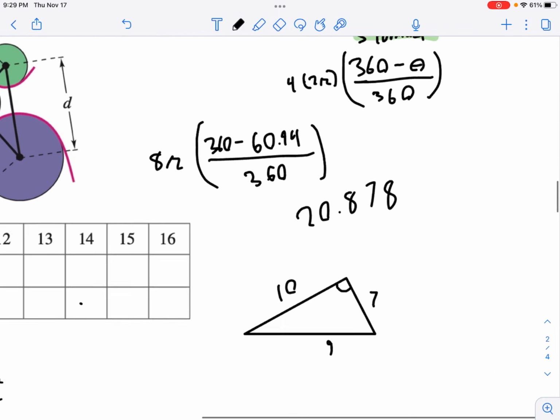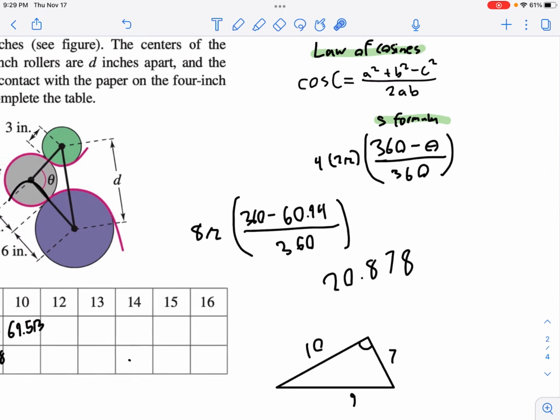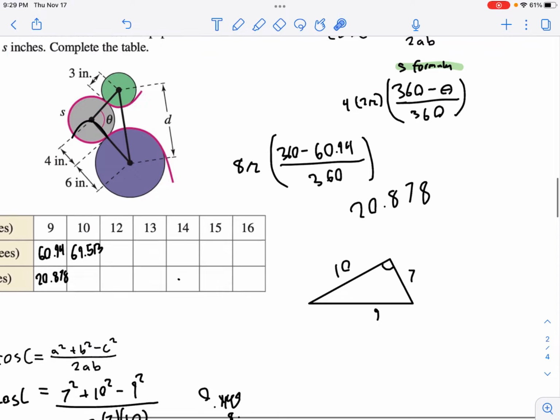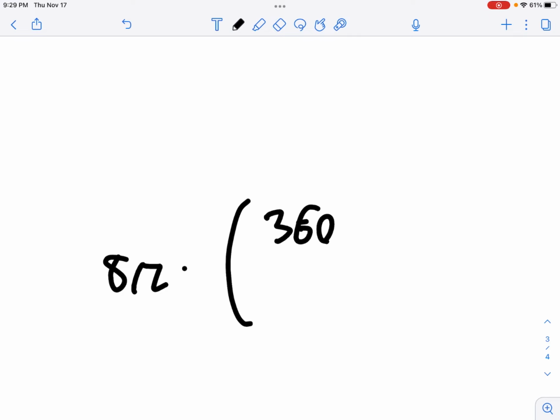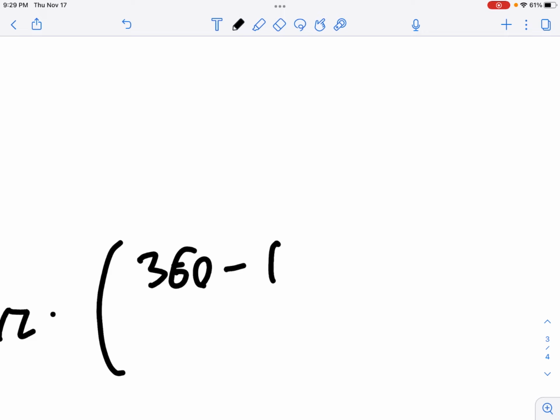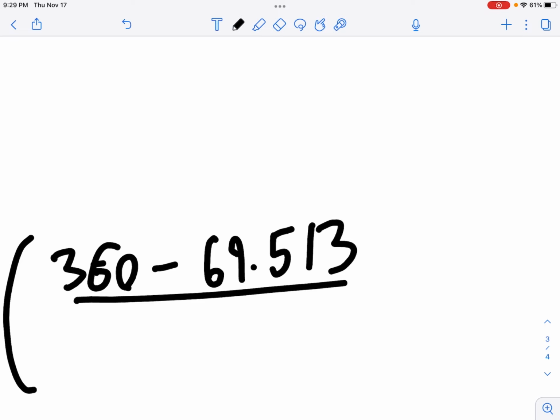And we're just going to use this thing that I made again. And yeah, we already know why it's all this. Okay, so 8 pi times 360 minus 69.513 over 360.